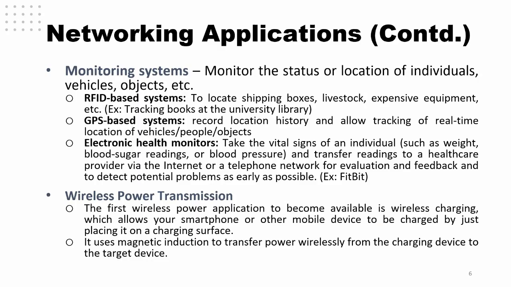As an example, in developed countries, when they are doing farming, all the livestock like cattle and animals are tracked using RFID tags attached to their body: where they move, which location they are in, and if they didn't come back to the farm, we can track their locations. And then there are GPS based systems. As we discussed earlier, you can track the real-time location, and also electronic health monitoring systems like wearable devices, such as Fitbit devices.